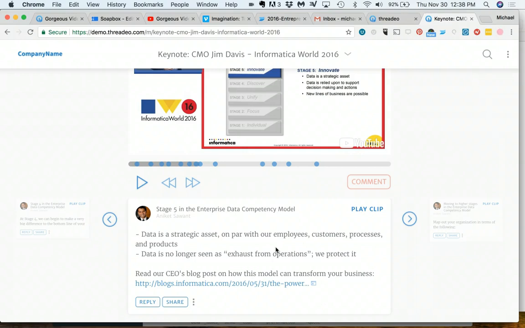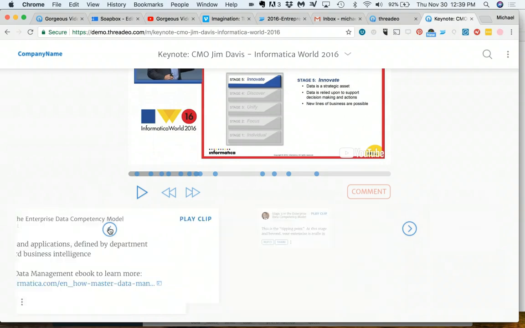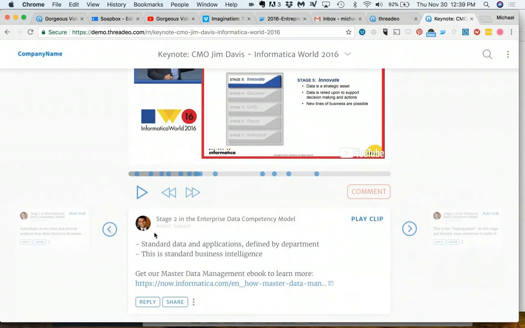The challenge with that as well is that they're not together, so it's not contextual. Someone can't come back and watch that little piece on stage 5 and then do what you can do in Threadeo, which is click back and say, wait, I need to see what stage 1, 2, 3, and 4.